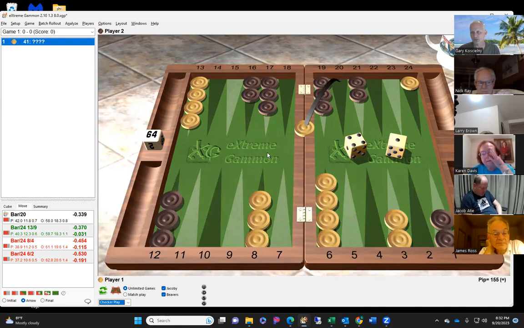And why is the answer split? Because black has a priming strategy going, and if you don't split now, you're going to feed into it. You need to make an advanced anchor. One point is that if black rolls a 1-3-4 combination, they're going to make that point whether you're there or not.